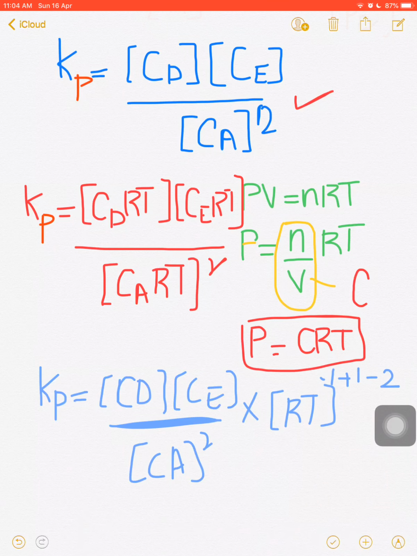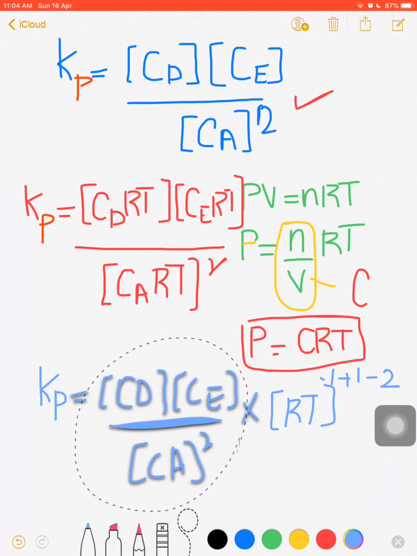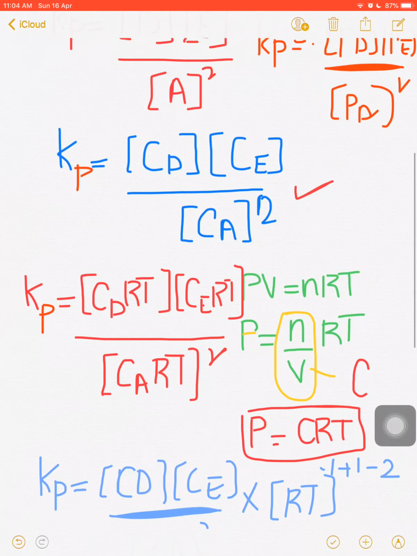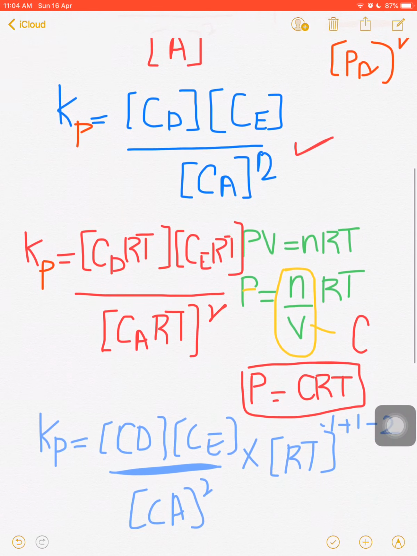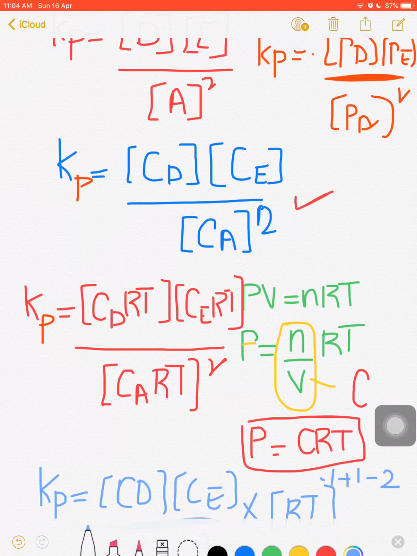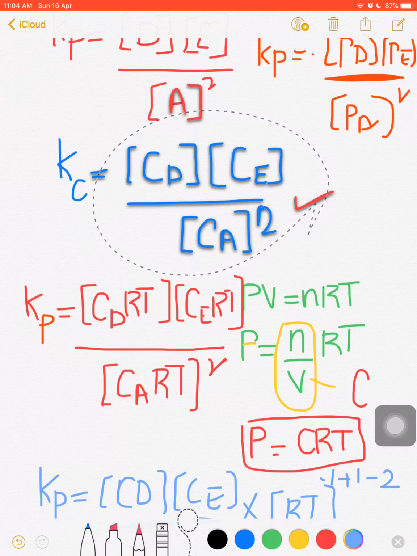And now as you can see over here, this whole value is basically Kc, right? This whole value is equal to this, right? So we can easily replace Kc instead of that.